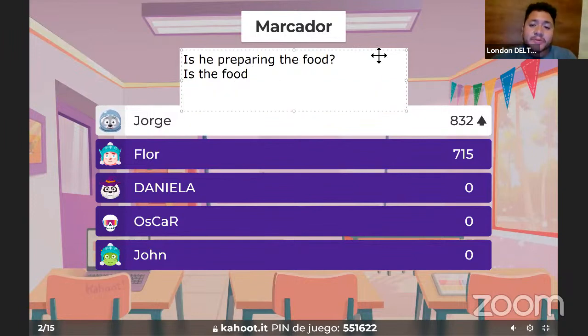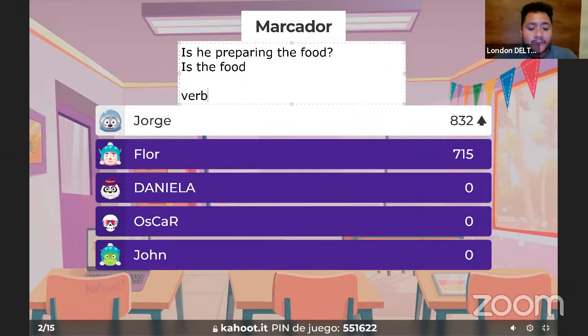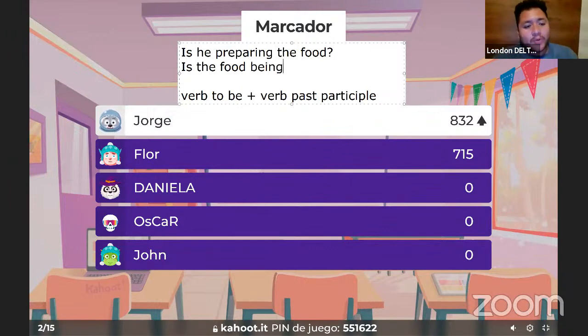Recuérdense que voz pasiva tiene dos elementos. Verb to be and verb in past participle. So, the verb to be needs to be in present continuous. Is the food being? ¿Está la comida siendo prepared, preparada?